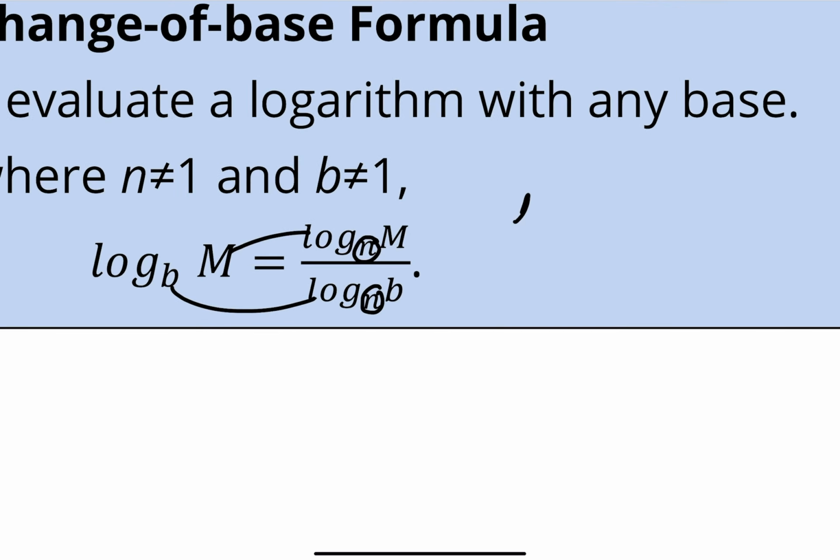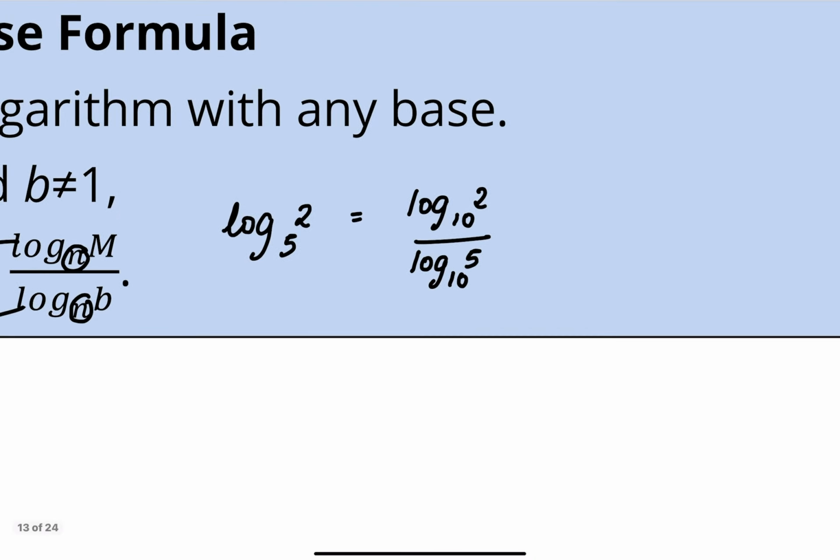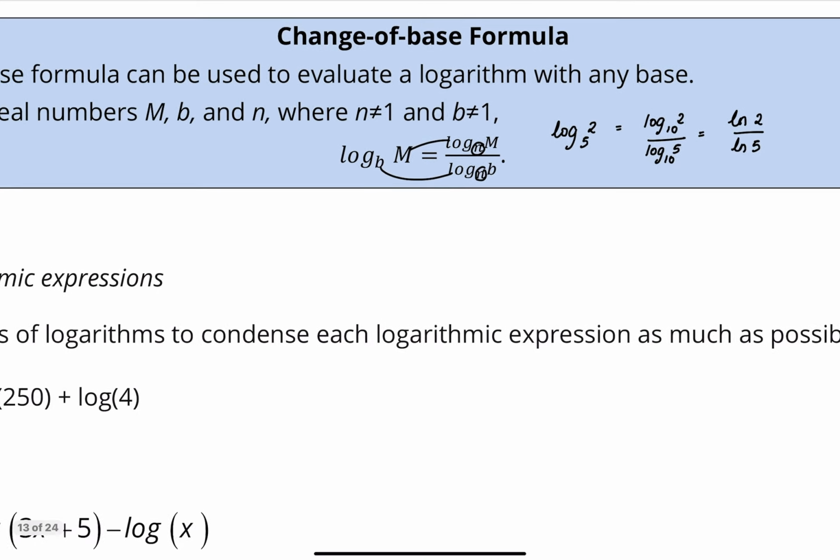So let me show you what that means. Log 2 to the base 5. So if I have to find log 2 to the base 5, what I can do is I can change the base. I'm going to say log 2 to the base 10 over log 5 to the base 10. Or, to keep it simple, I can use ln 2, which is base e, over ln 5. So I'm changing the base and I'm calculating it.